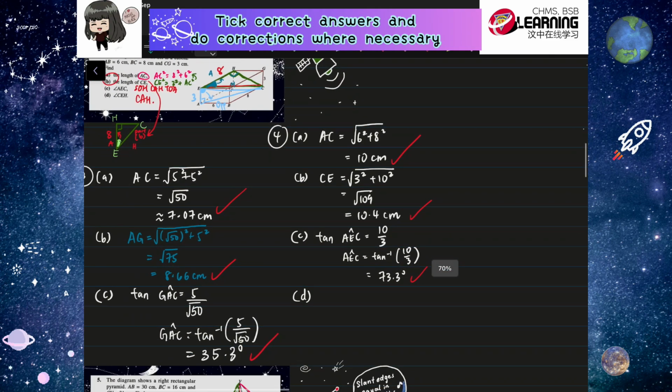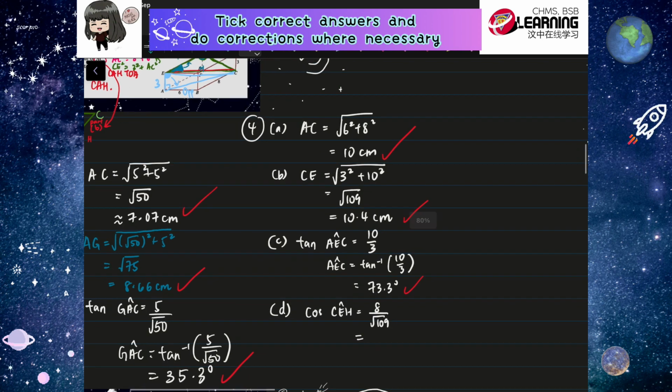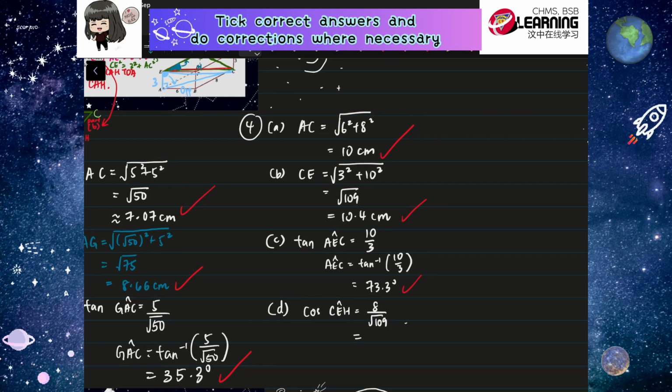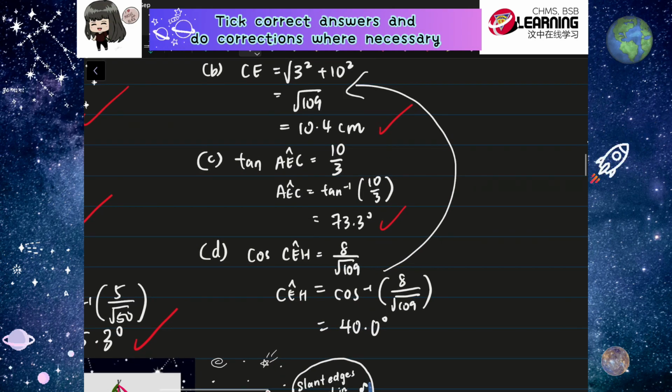So I'm going to use cos. So cos CEH equals 8 over square root 109. CE is square root of 109 from here. I'm using the one with the square root, so I don't need to write down the decimal places so long. Then I inverse cos, shift cos, and I get, to 3 significant figures, 1 decimal place, 40.0 degrees.